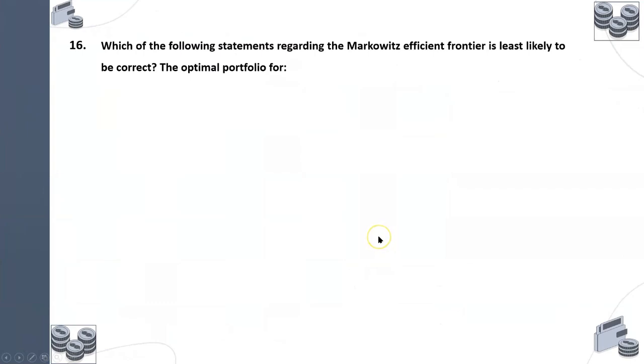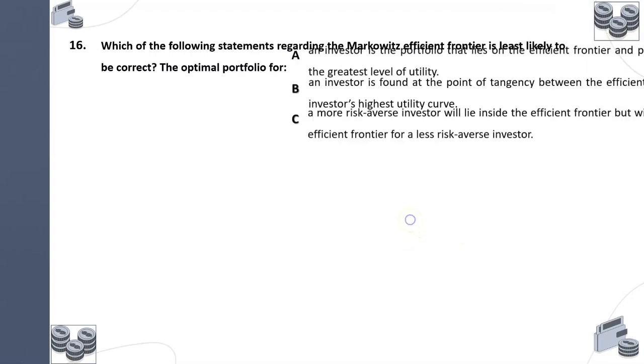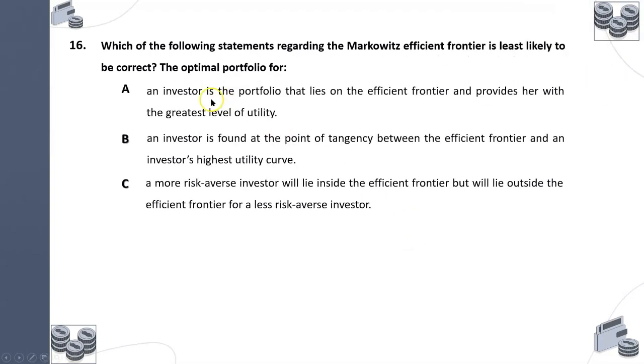Which of the following statements regarding Markowitz's efficient frontier is least likely to be correct? A. The optimal portfolio for any investor is the portfolio that lies on the efficient frontier and provides her with the greatest level of utility.